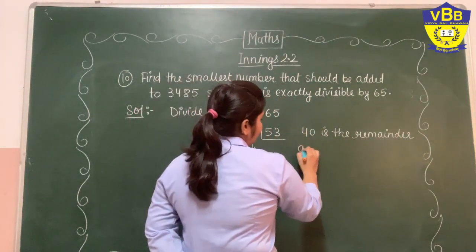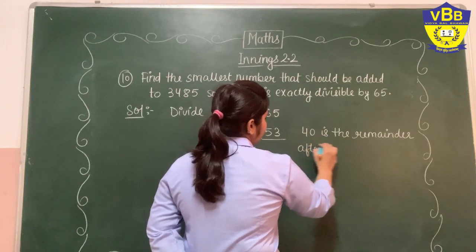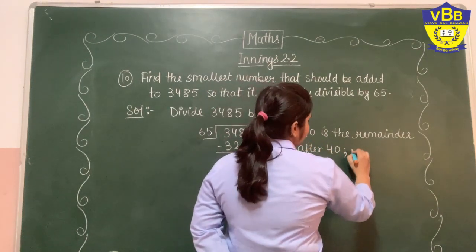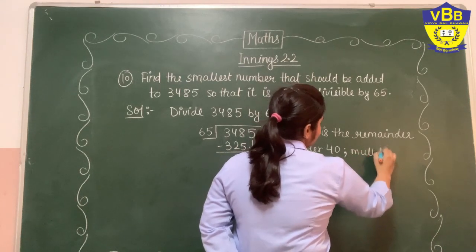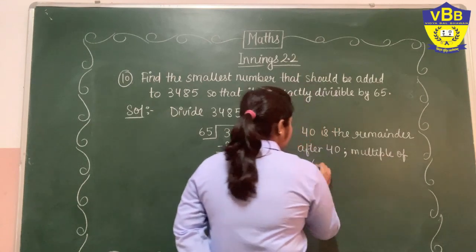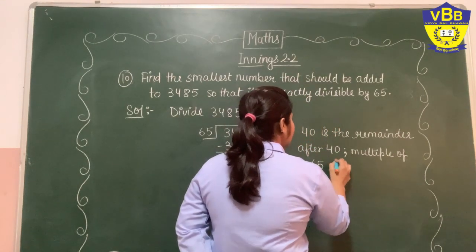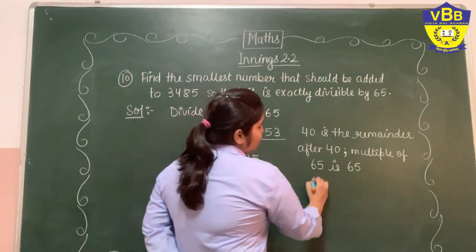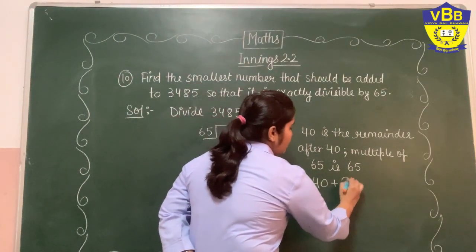So after 40, the multiple of 65 is 65 only.